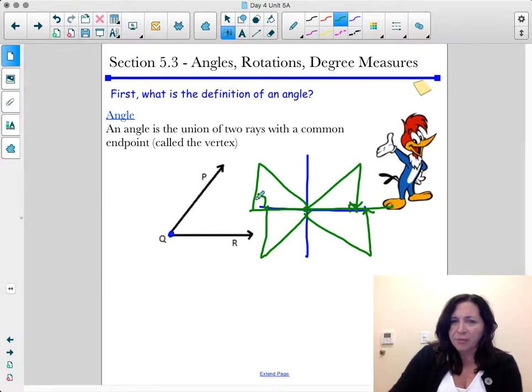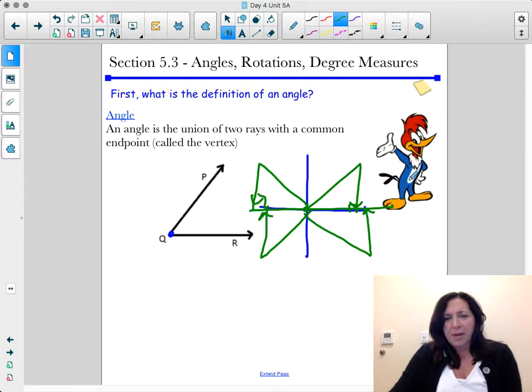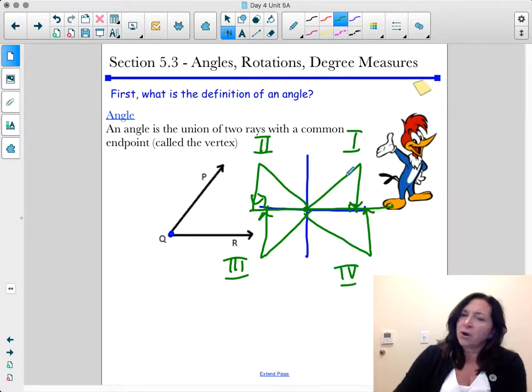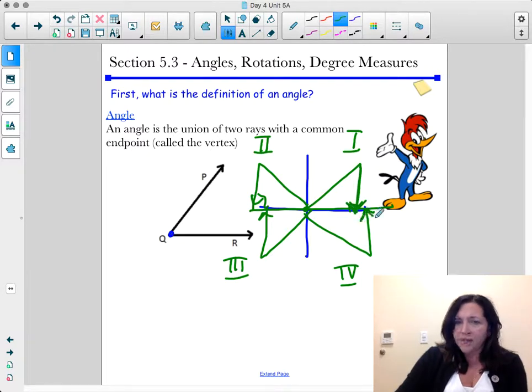We talked about this in previous videos, that every time I go into a different quadrant, remember this is quadrant 1, quadrant 2, this is quadrant 3, and this is quadrant 4, all of my angles, regardless of what they are, will end up coming back to the x-axis, always the x-axis.